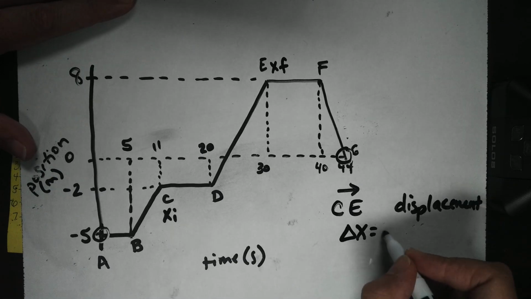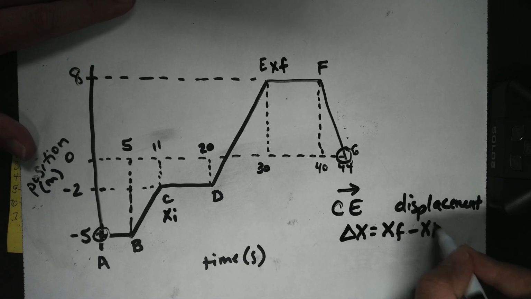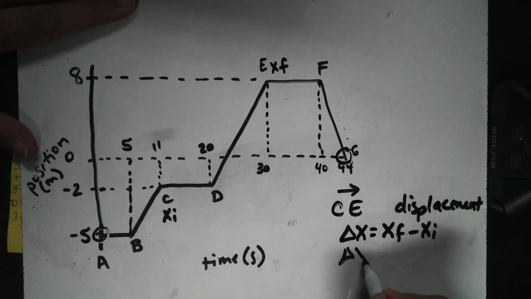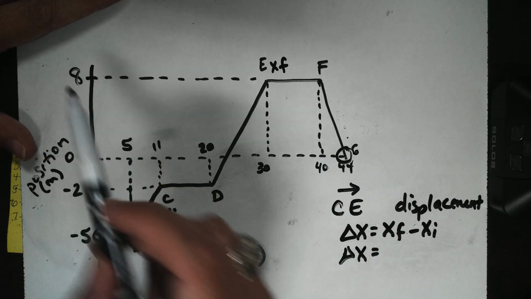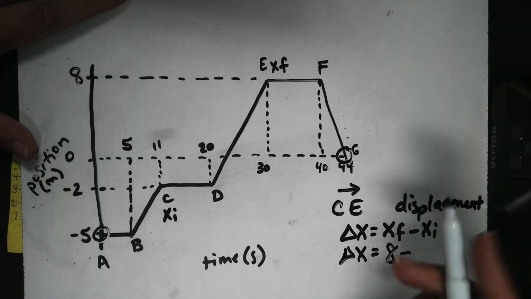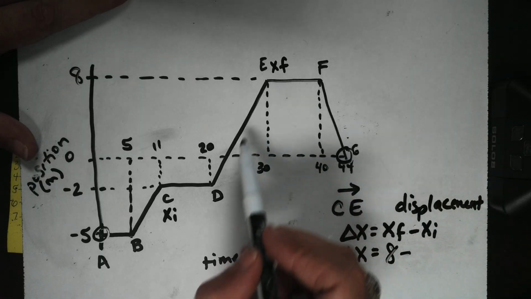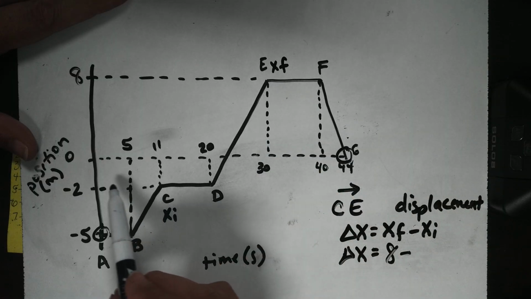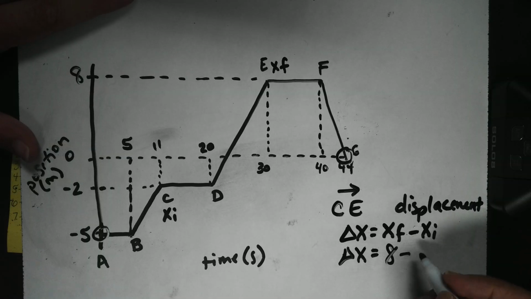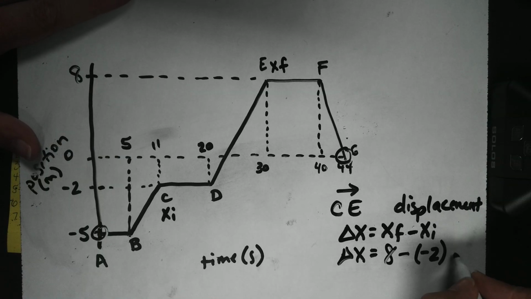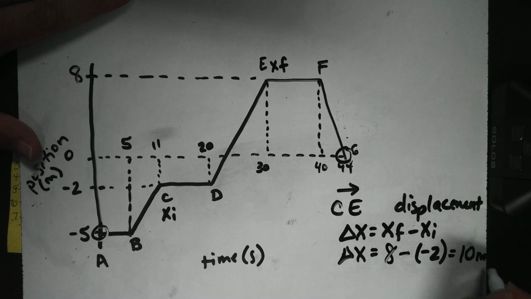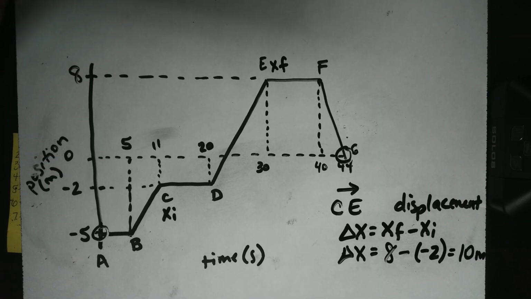My displacement is going to be my final position minus my initial position. In this case, my final position is positive 8, minus my initial position, which was down here at C, -2. Once again, we're going to subtract a negative. So we end up with a displacement of positive 10 meters.